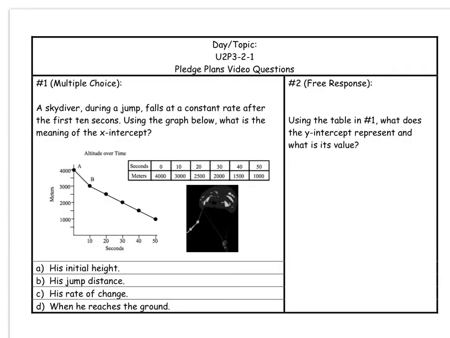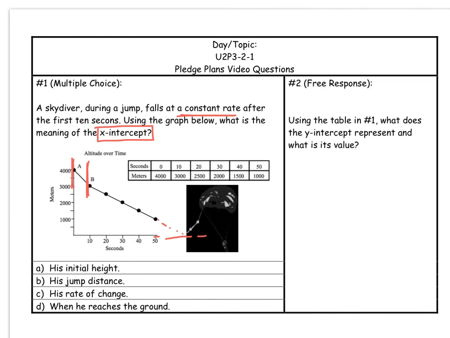Okay, so now it's your turn for multiple choice question 1. A skydiver during a jump falls at a constant rate after the first 10 seconds. So here's the first 10 seconds right here. He's falling at a constant rate. Using the graph below, what is the meaning of the x-intercept? So not the y-intercept, the x-intercept. So eventually, this line is going to cross our x-axis.